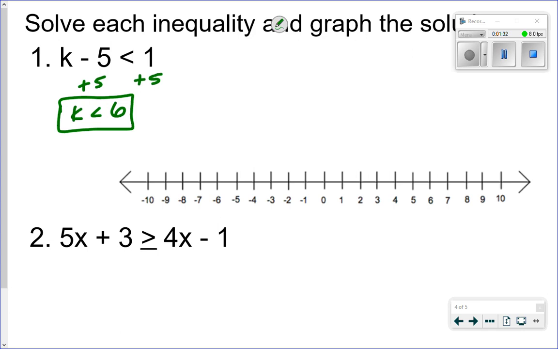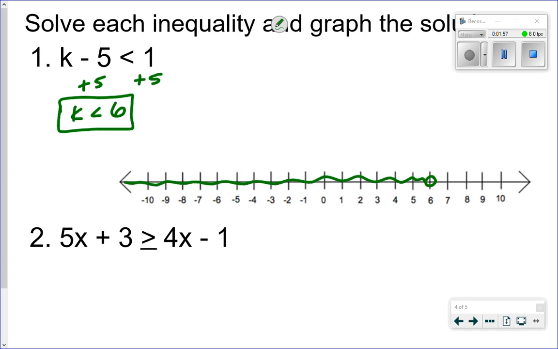I'm going to find 6 on the number line, and then I need to decide, do I need an open or a closed dot? Well, it's going to be open since it's not equal to, so I'm going to put an open dot on 6. And then it says that k is less than 6, so where are the numbers that are less than 6? If you said to the left, that's correct, so I'm going to shade the number line to the left.